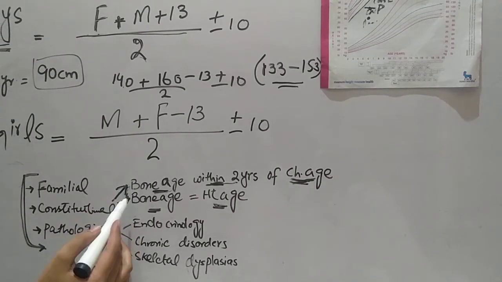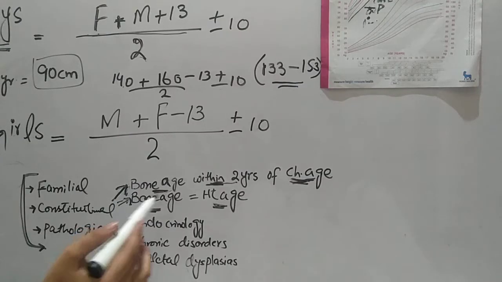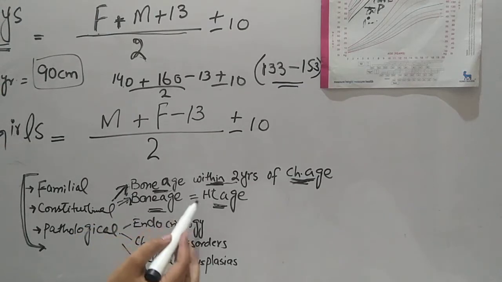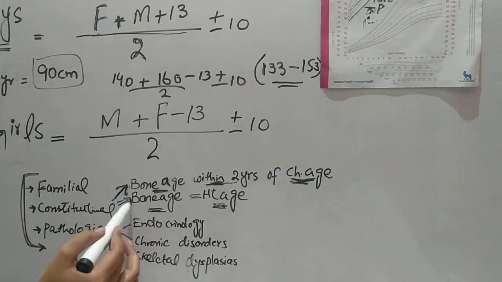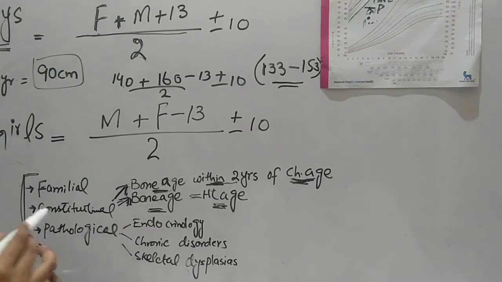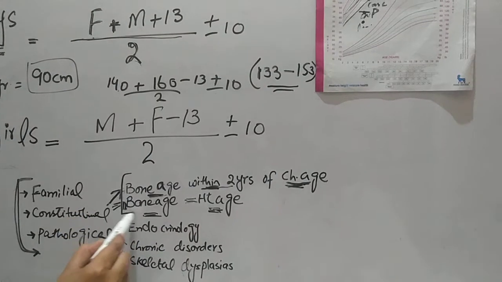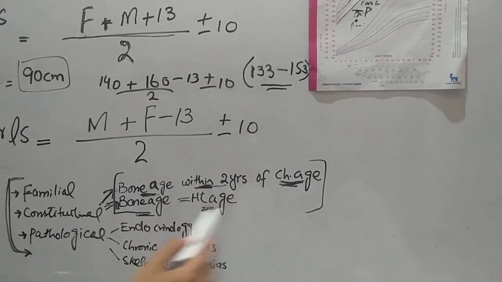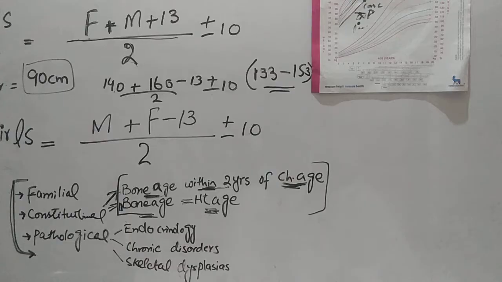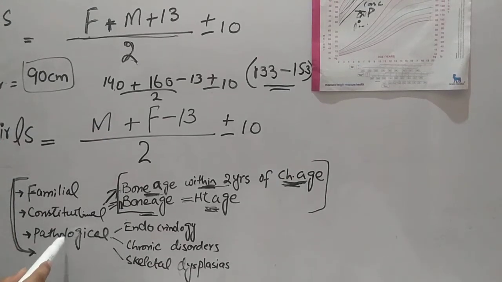And if your patient's bone age is equal to height age, that is the other point favoring constitutional short stature. But if these 2 points do not correlate with the height of your patient, that will be pathological short stature.